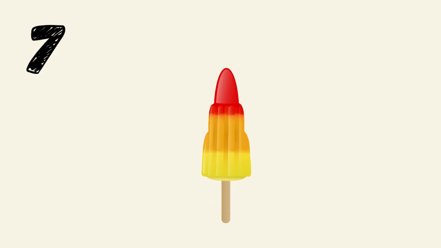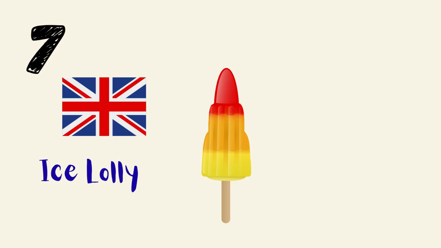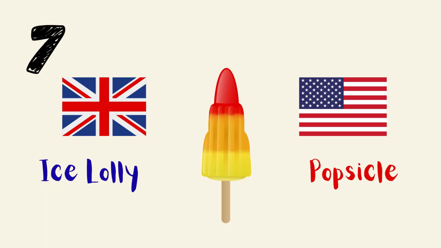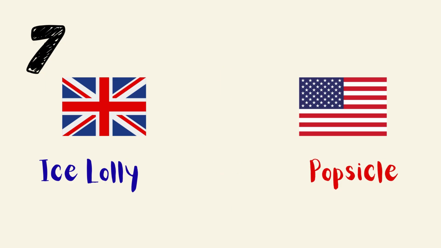In Britain, we call this an ice lolly, but you might also hear ice pop or ice pole. In America, popsicle is a brand name that became the common word, like Hoover for vacuum cleaner in the UK. This next one is part scientific, part cultural.